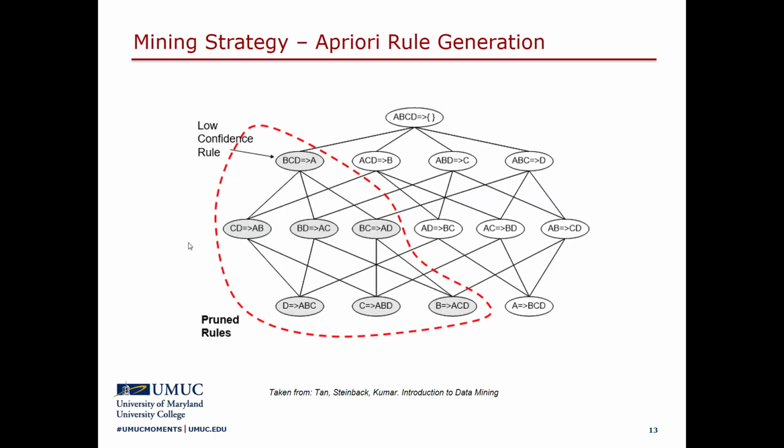Again, it's easier to explain with a visual graph here. ABCD is the item set they are considering to extract rules from.